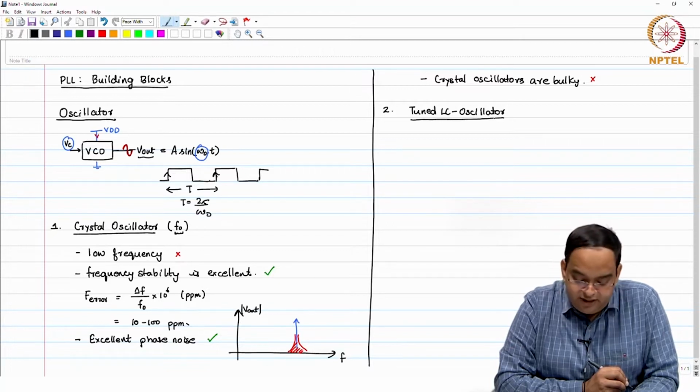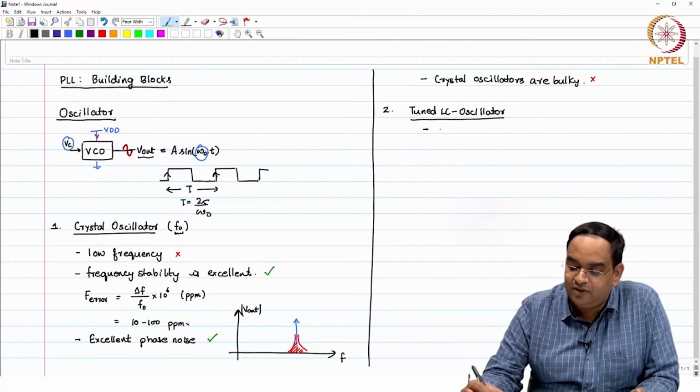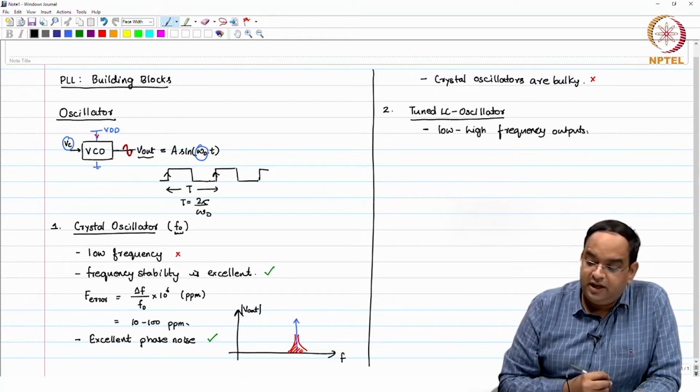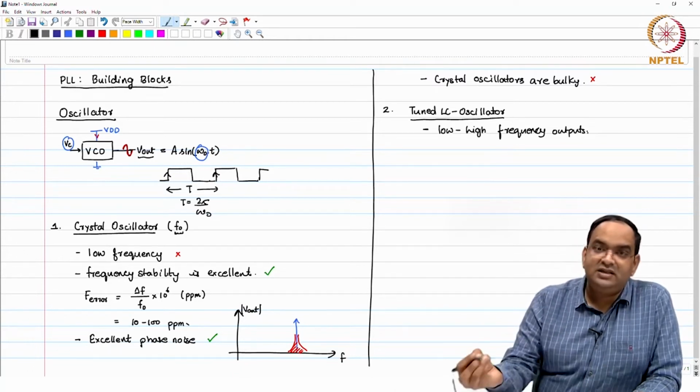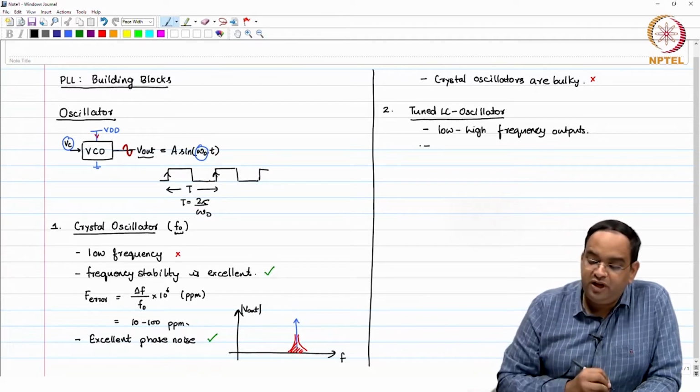So, here the frequency is not the limit; low frequency will have its own problems because inductors may be very large, but you can get in general low to high frequency outputs. Frequency is not an issue, provided you are ready to sacrifice the area for the inductors, but that area is not as large as the area for the crystal oscillator unless you go to a very low frequency.